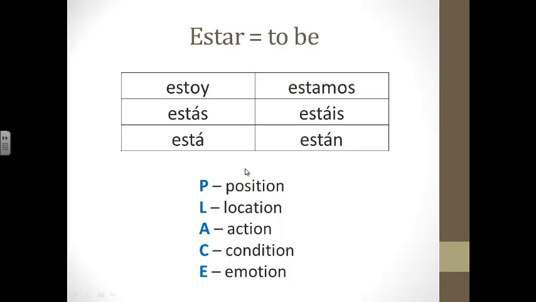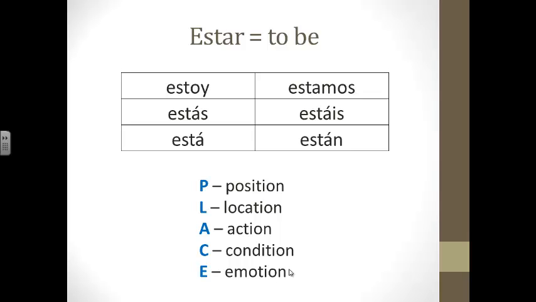Remember to use estar anytime you're talking about the position of something or a person, the location of a person or something, action, so that is present progressive, estoy hablando, we called it inging, talking about the condition of someone or someone's emotion. We also talked about the saying that how you're feeling and where you are is when you use the verb estar. Okay?